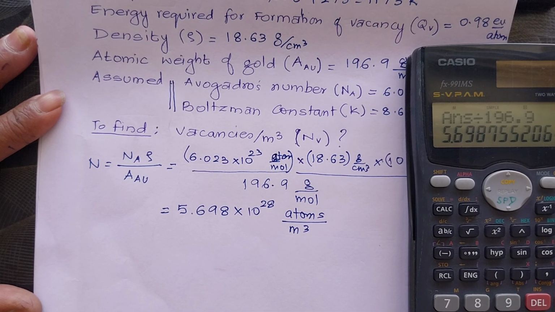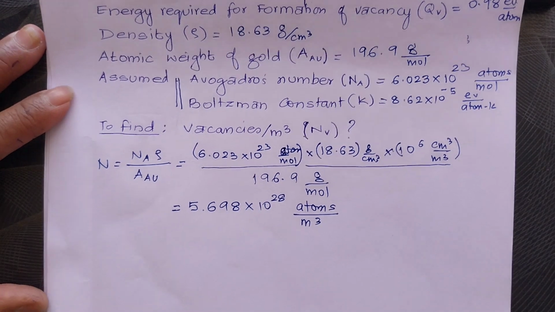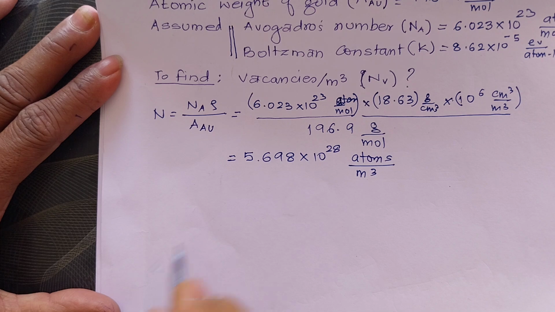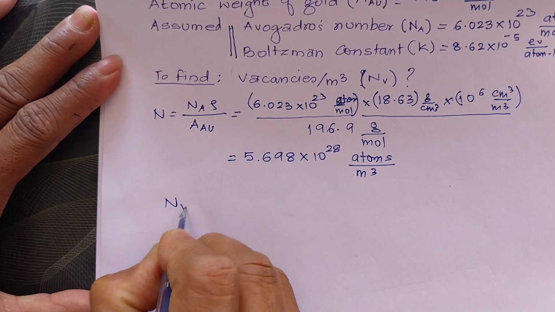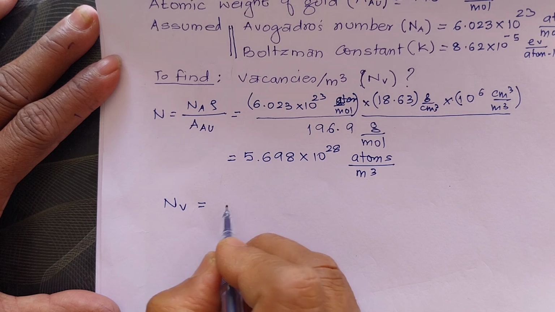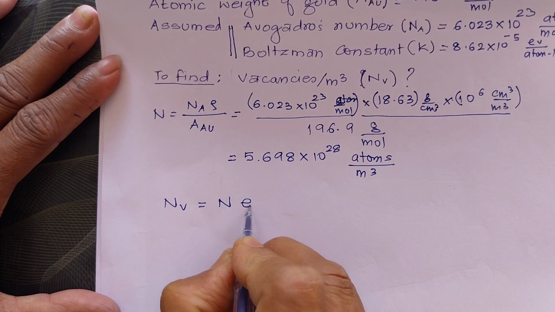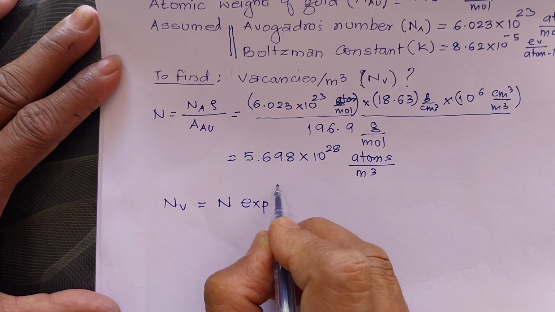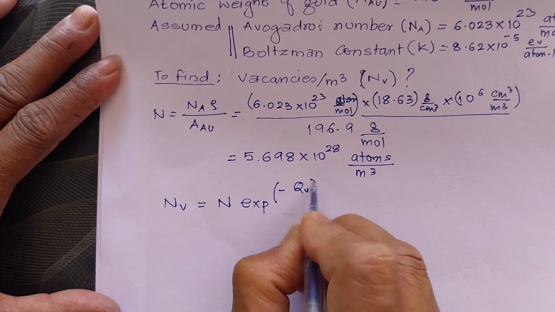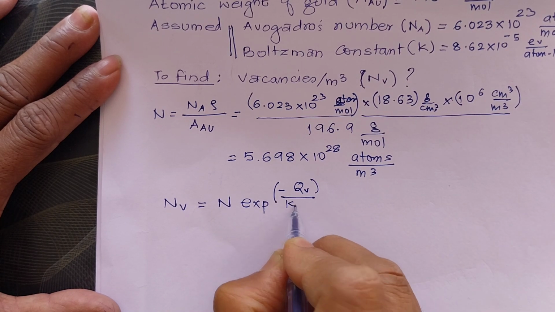To find the vacancies, we make use of another equation given in the textbook. NV, the vacancies we have to find out, is equal to N exponential raised to minus QV divided by KT.